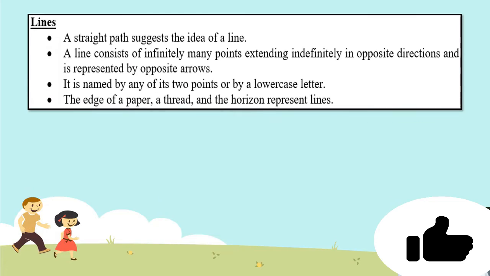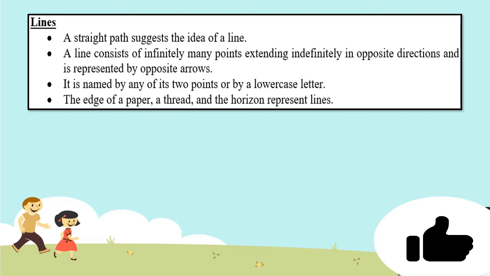A line. A straight path suggests the idea of a line. It must be straight to make it a line. A line consists of infinitely many points extending indefinitely in opposite directions, and it is represented by opposite arrows.